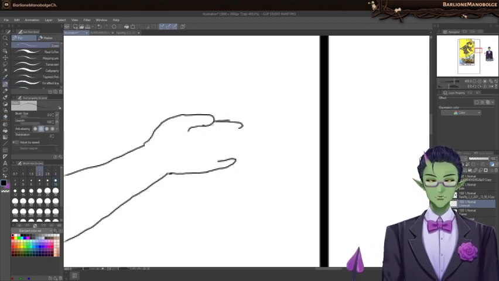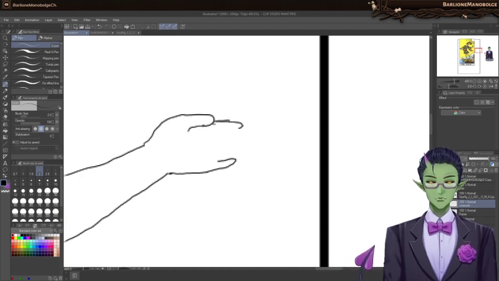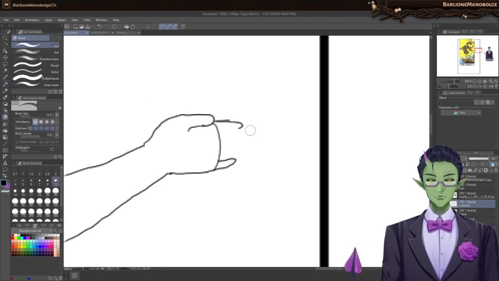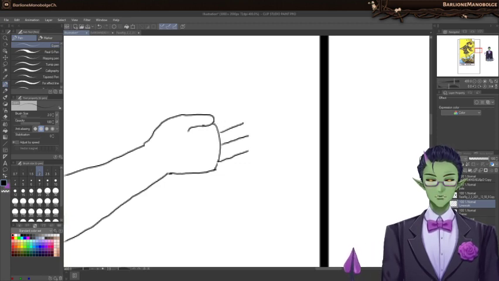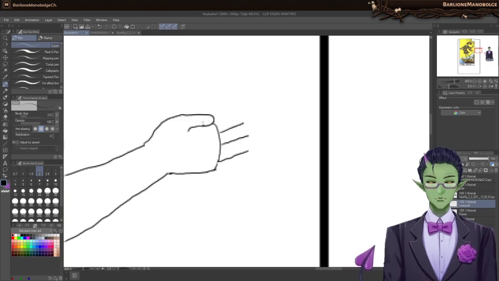So then, starting from the thumb, that is the line of where the fingers should begin. There will be three gaps in the center. Okay.